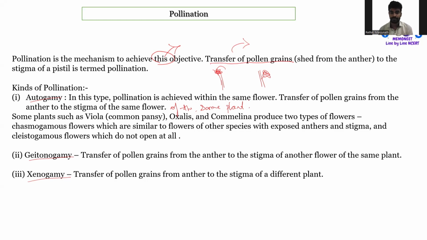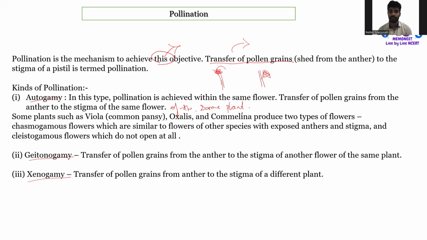But if autogamy needs to happen, synchronization is needed. That is, the anther and the stigma have to mature and coordinate with each other at the same time, then only can autogamy happen.